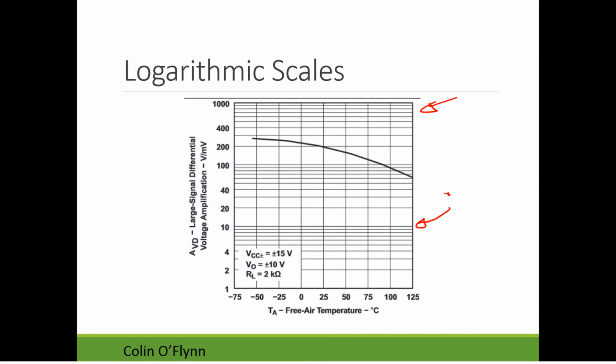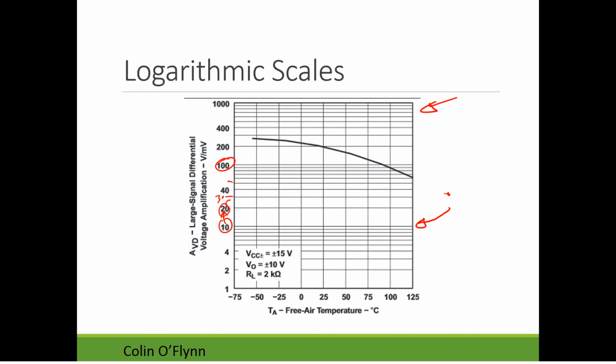When we get to this section of the scale, each tick is an increment by 10. So you can see it goes 10, 20, 20 to 30, 30 to 40, 40 to 50, etc., up to 100. Once we reach this next decade here, we now increment by 100 each time.